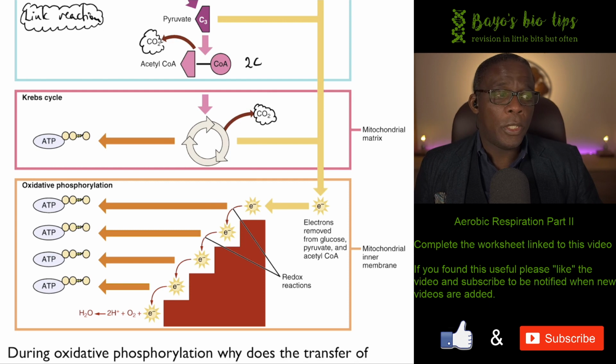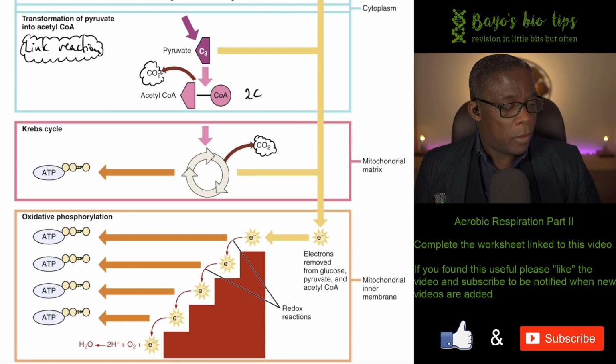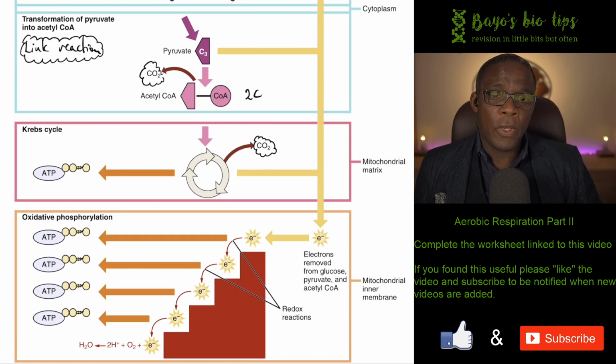And then finally, you have oxidative phosphorylation, which, as I said when we looked at that in the video, is the coupling of redox reactions to the generation of ATP. So you make ATP by adding phosphate groups to ADP, and the source of the energy is a series of redox reactions, as well as the movement of protons across the inner mitochondrial membrane.